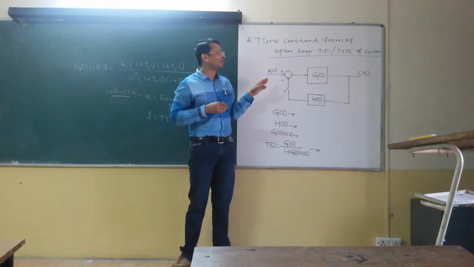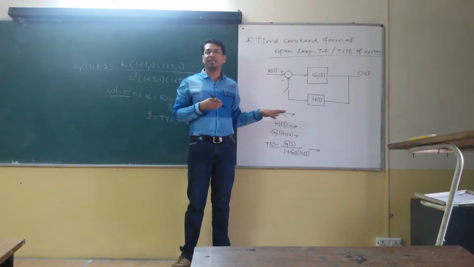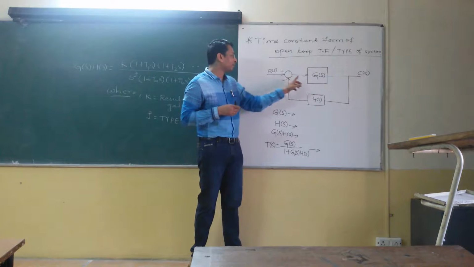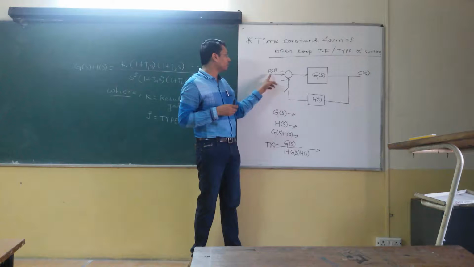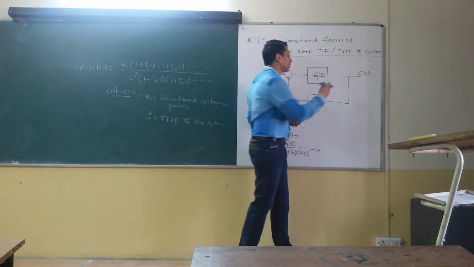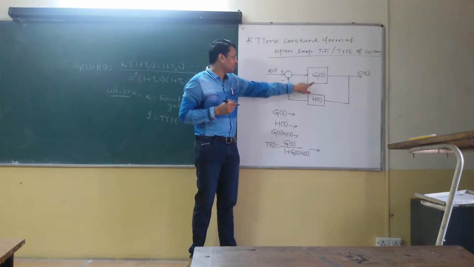Before defining the time constant form of the transfer function, let us see what are the various transfer functions available in the literature. So in general, a feedback system exists like this. You are having G(s), H(s), Laplace transform of input R(s), Laplace transform of output C(s). So we are having various terms G(s), H(s).